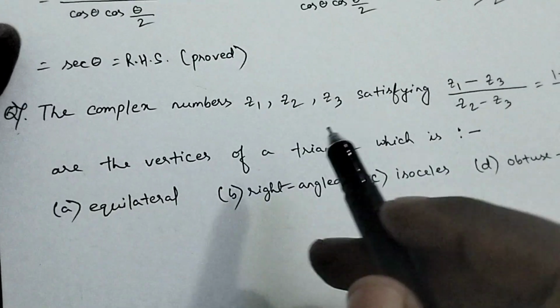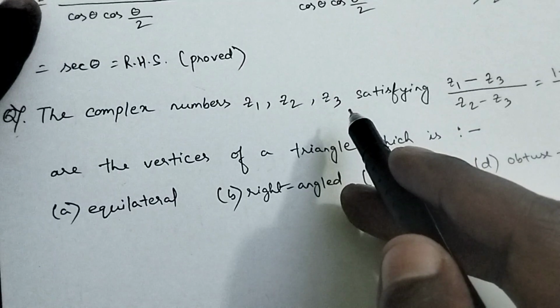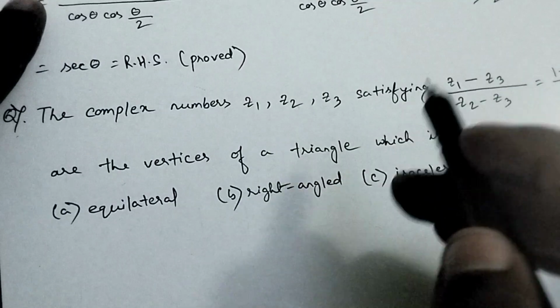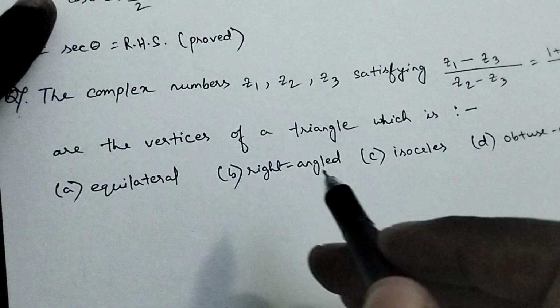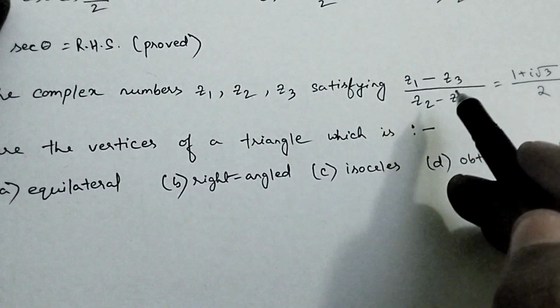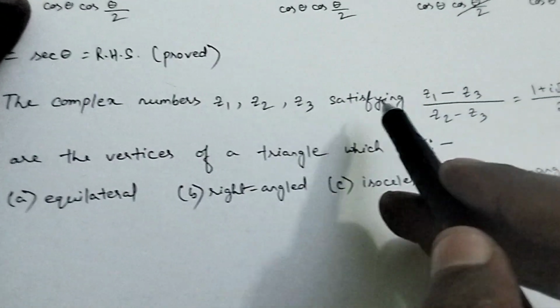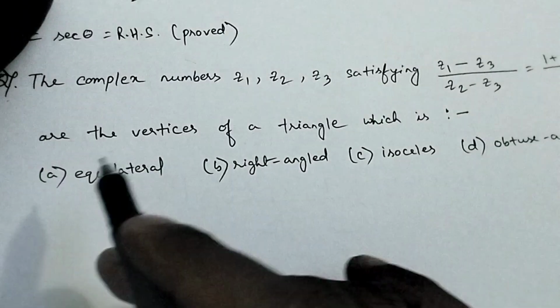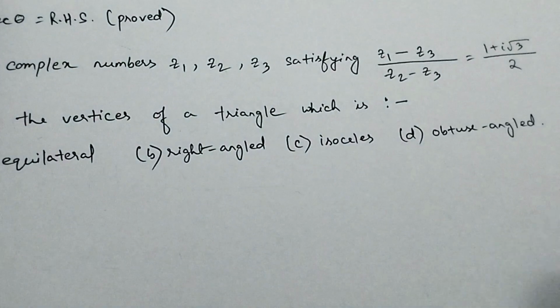That means they have asked that z1, z2, z3 are the vertices of a triangle, but which triangle? Equilateral, right angled, isosceles or obtuse angled.